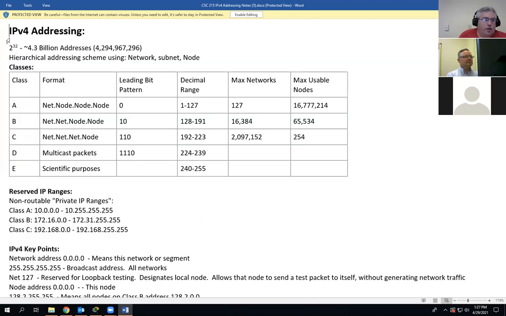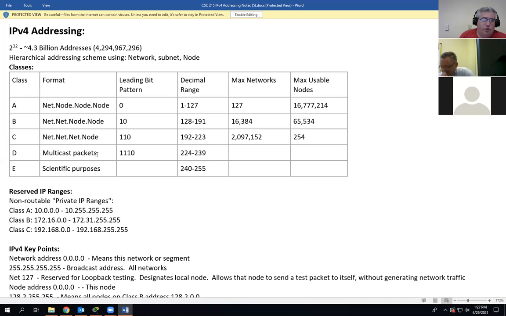Okay, so with IPv4 addressing, we have 2 to the 32 power, which is like 4.3 billion addresses. They're divided up into Class A, Class B, Class C, and Class D address ranges, of which we only use A, B, and C. Well, I take that back.